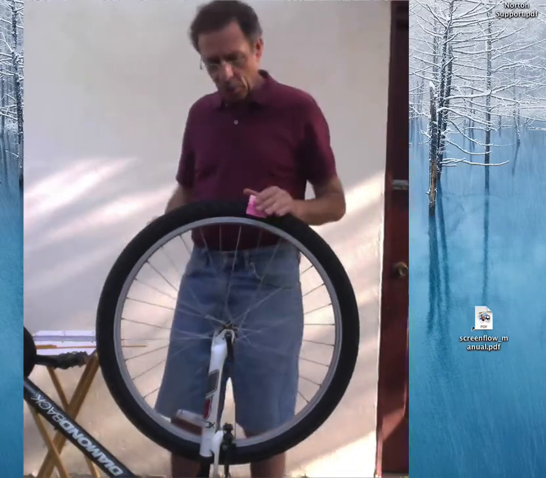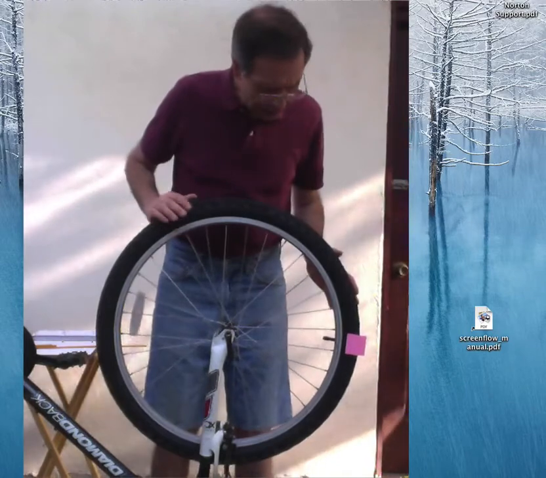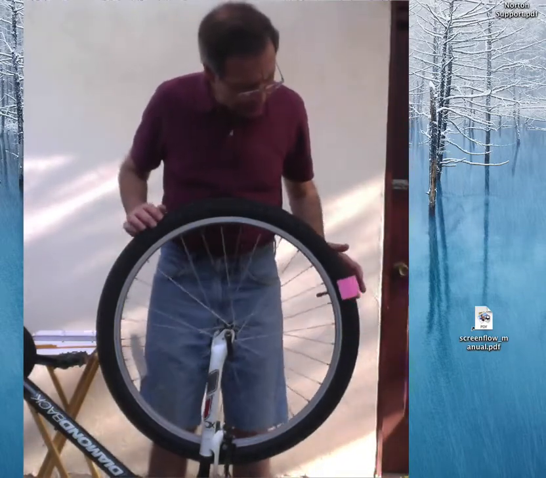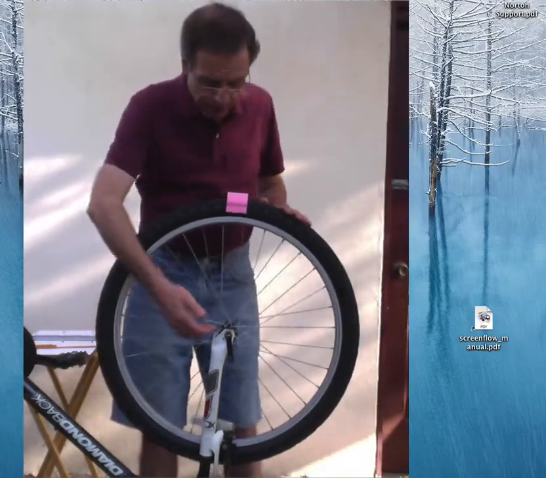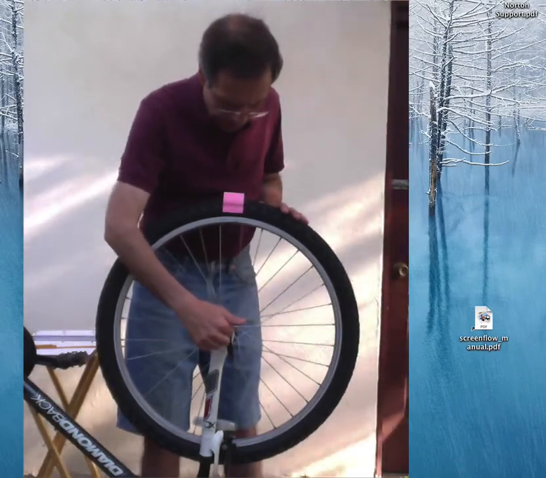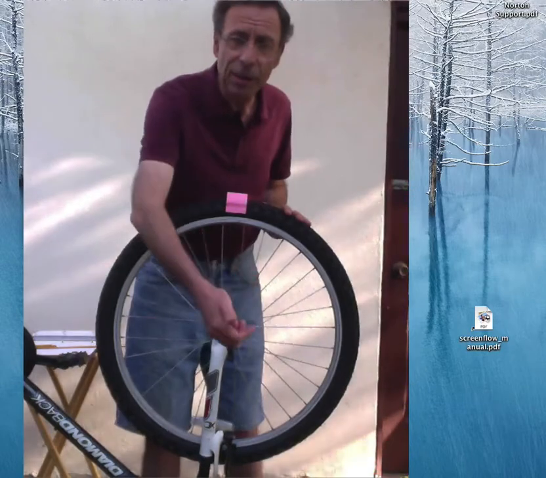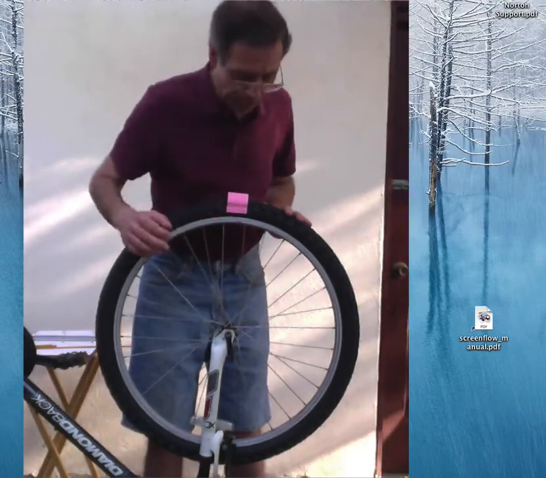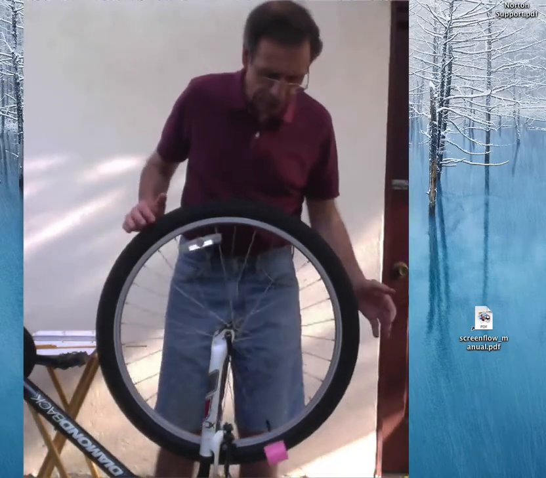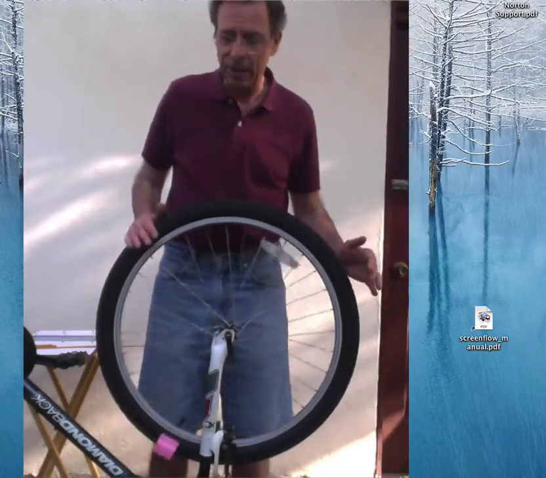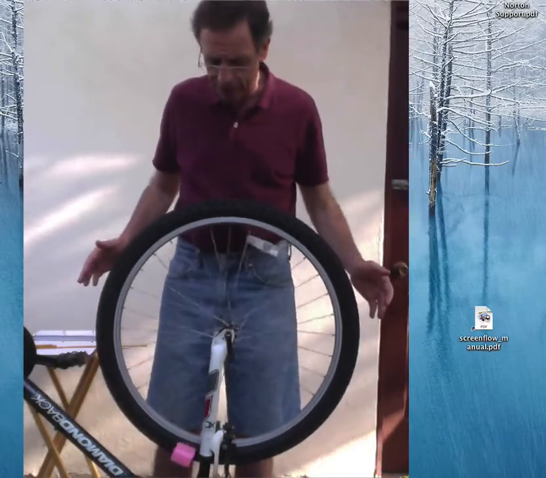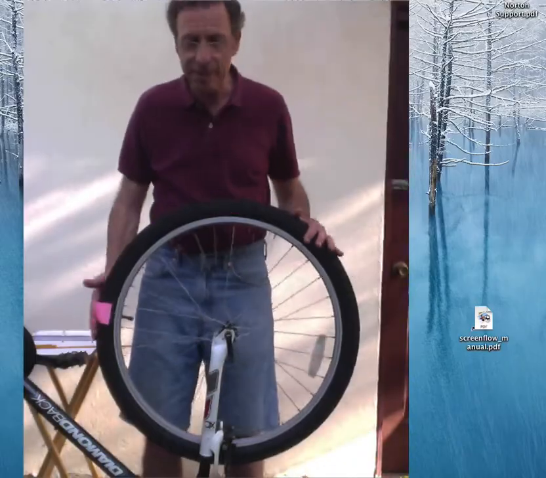So a rotation vector on the axis of rotation that points towards you is going to be a dot. And if it's going the other way, it's going to be an X. So this would be an X, and this would be a dot.